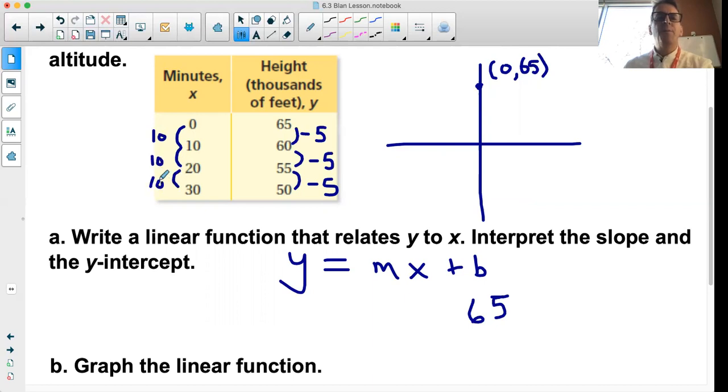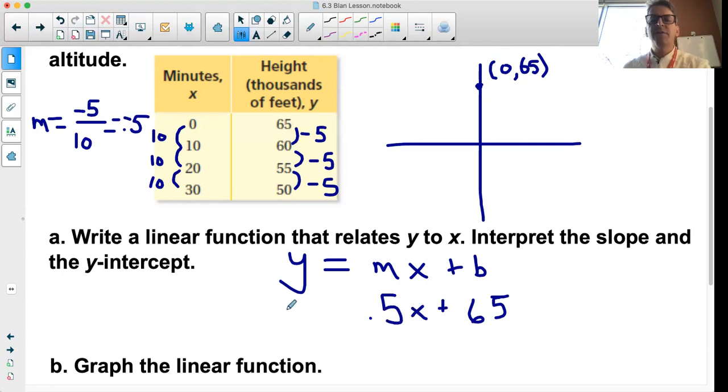So again, slope is the difference in the y, which is negative 5, divided by the difference in the x, which is 10, which is negative 1/2, or -0.5. So your equation for letter A would be y equals -0.5 times x plus 65. And that would be your linear function equation.